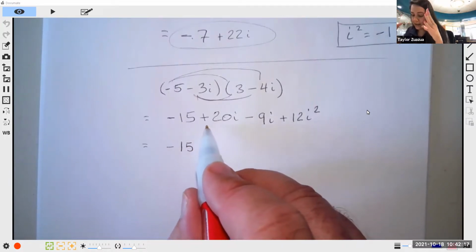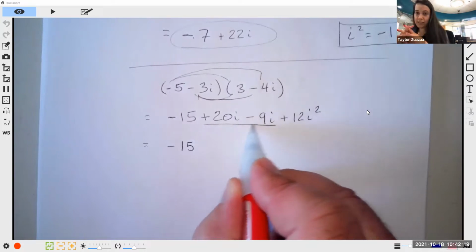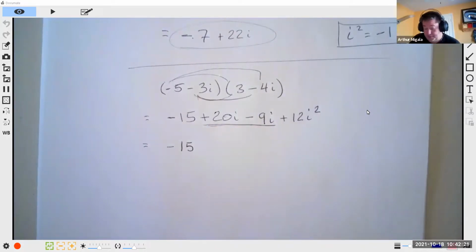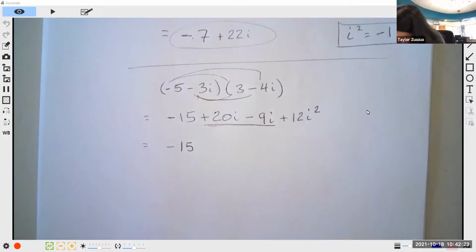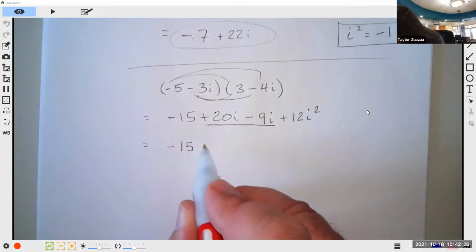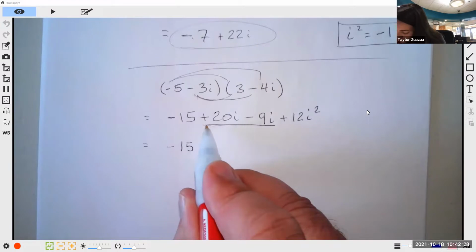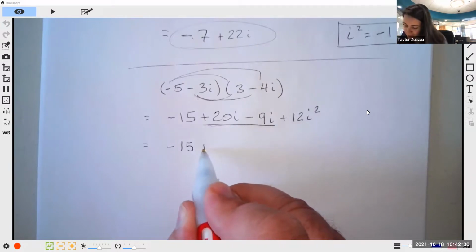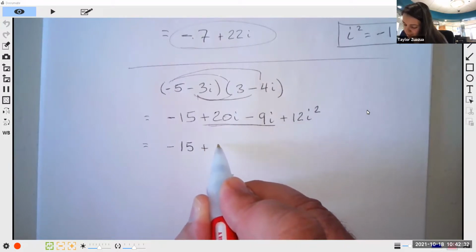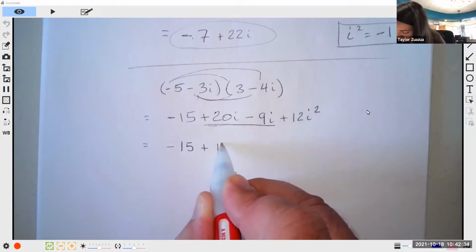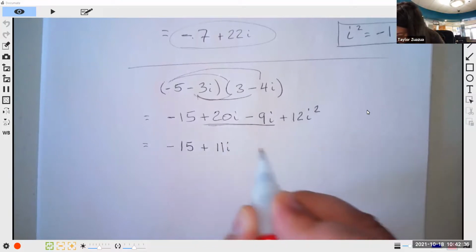Positive 20i minus 9i. So it's negative 15, and then the bigger number 20 minus 9 is 11. So it's plus 11i.